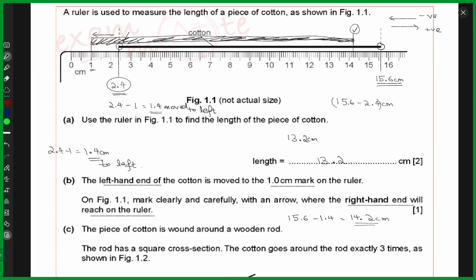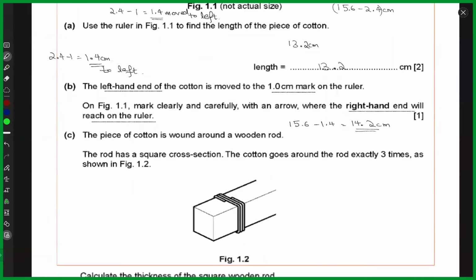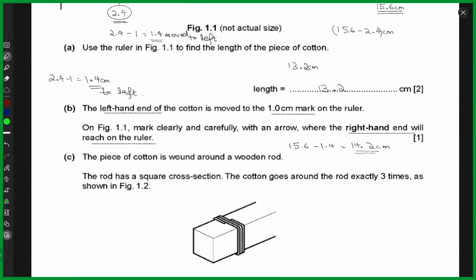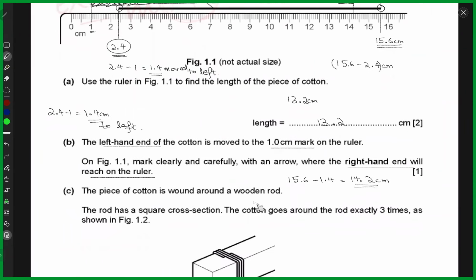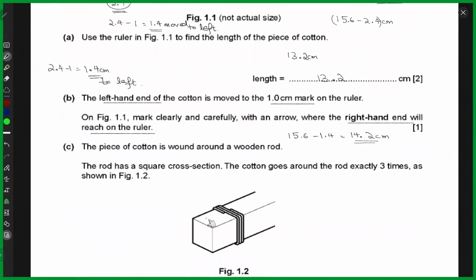All right, so the next part is that I take the same piece of cotton that I have measured, and the length of this cotton we have measured to be 13.2 centimeters long. Now we are going to wind this cotton around a wooden rod, as you can see over here. And they're saying that this rod has a square cross section.